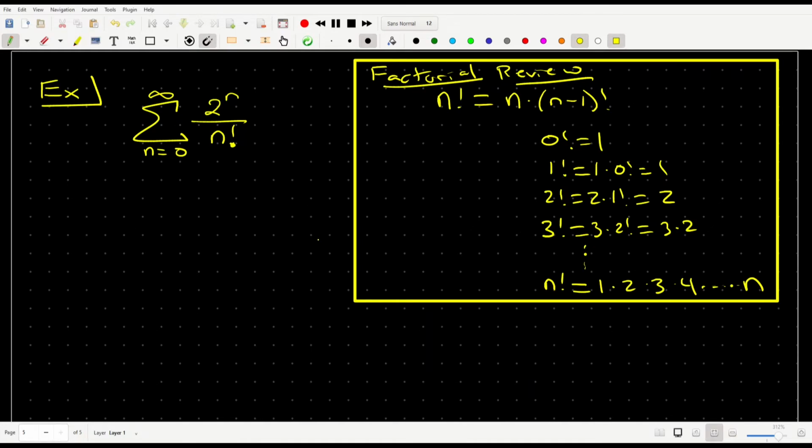So for the ratio test, we're always considering the limit as n goes to infinity of the absolute value of a_{n+1} over a_n.